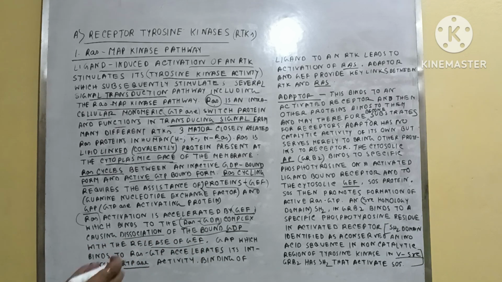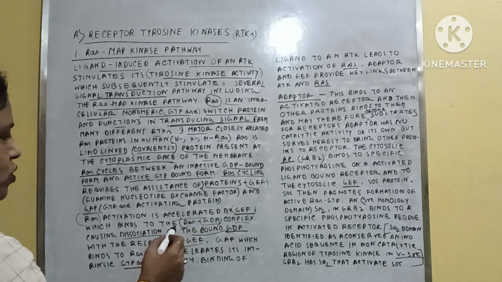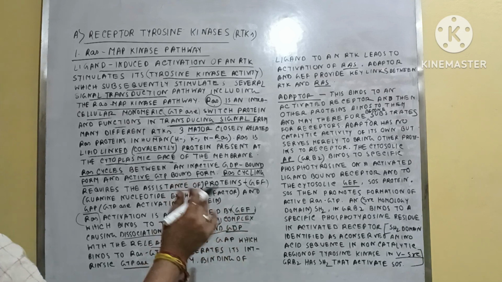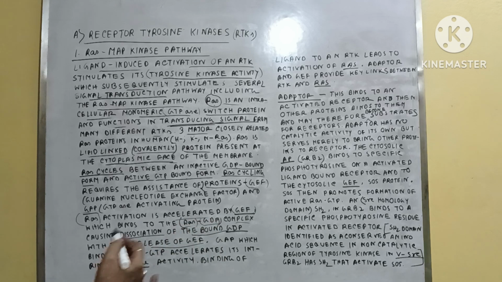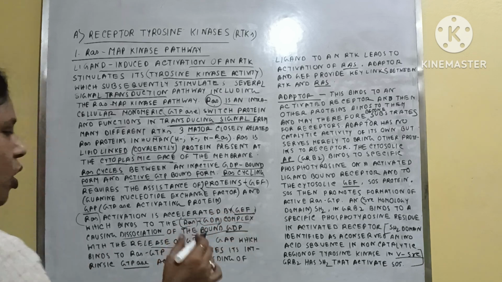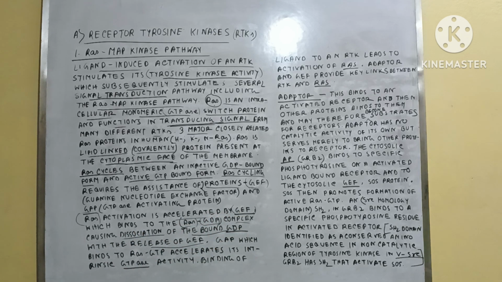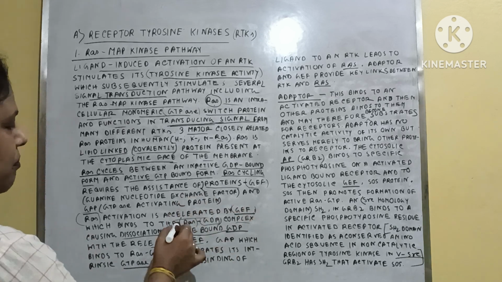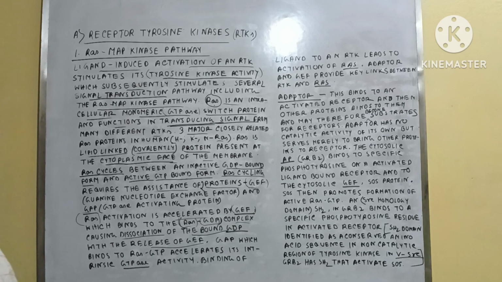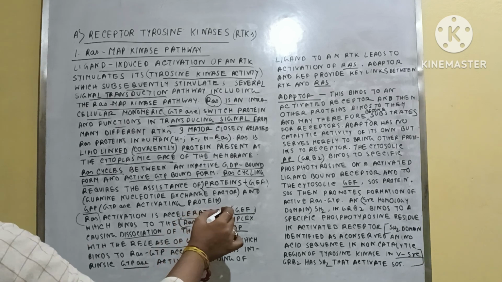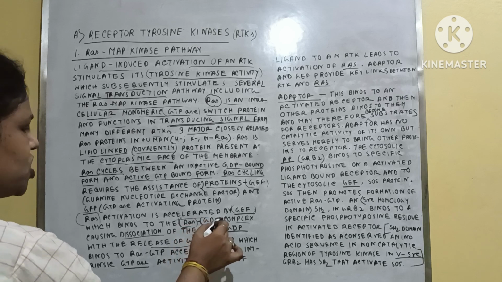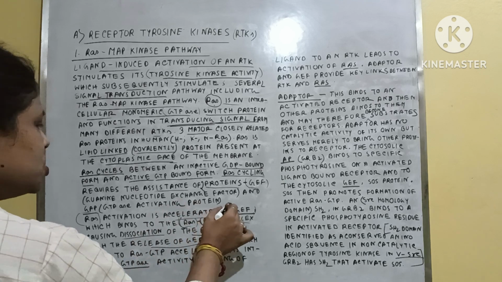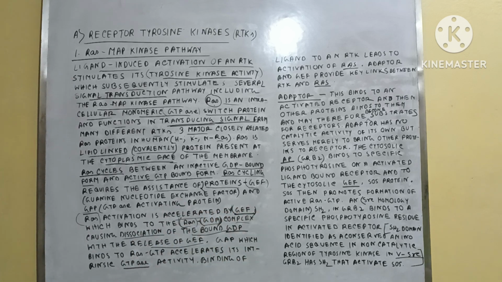That means when GEF is bound to this complex, it helps to dissociate RAS from GDP, and after that GEF is also released from this complex. Clear? Again I repeat, when GEF binds to the RAS-GDP, it helps to dissociate RAS from GDP, and GEF is also released from the complex.